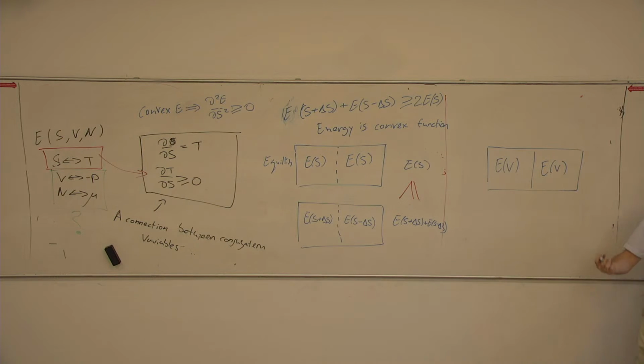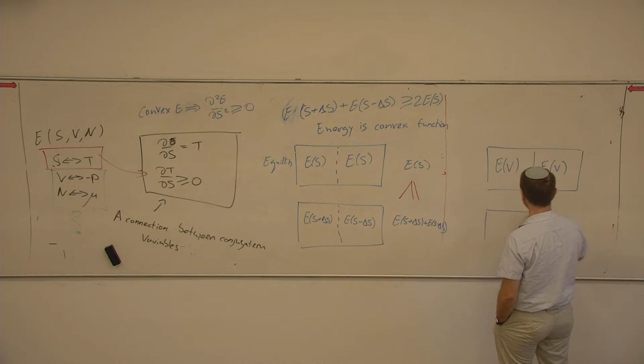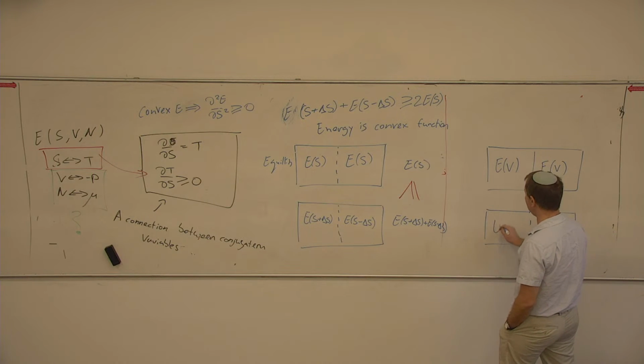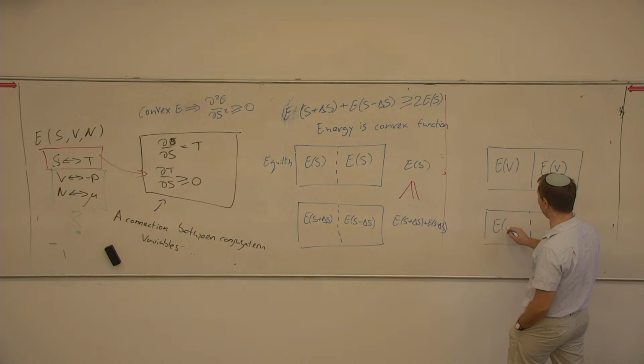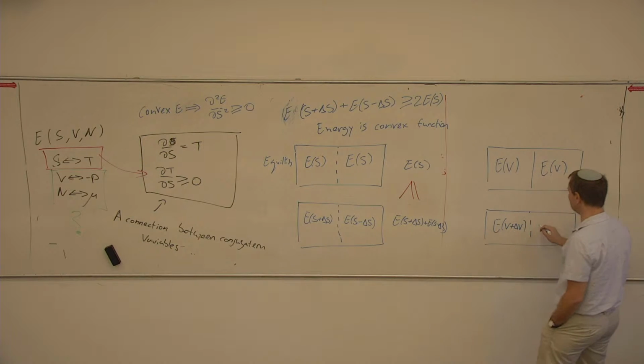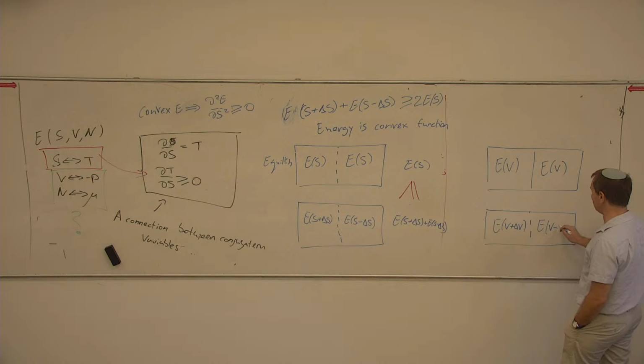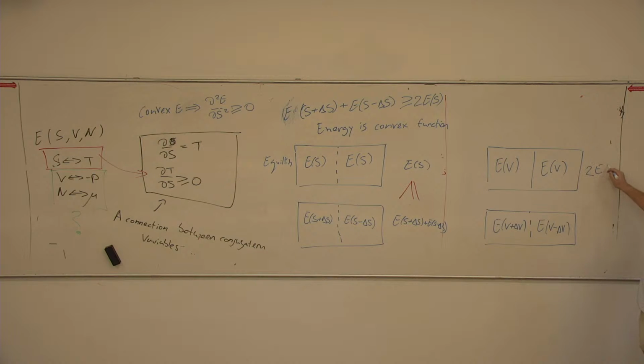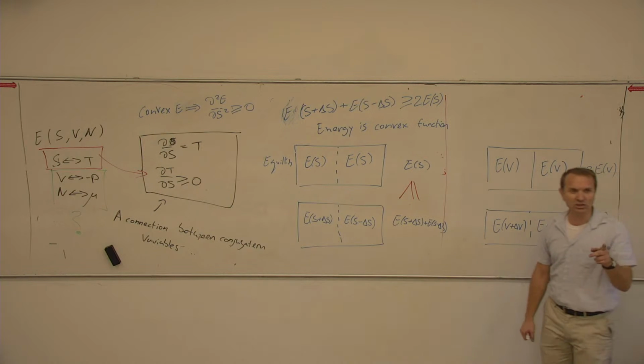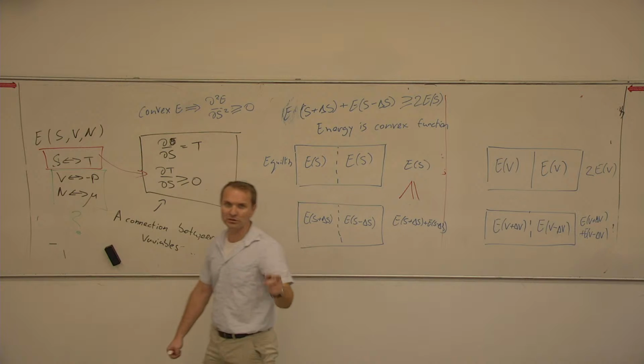We modify the system a little bit such that I have a little bit less or a little bit more volume on the left-hand side and a little bit less volume on the right-hand side. I know that the total energy here is 2E(V). And I know that the total energy over here is E(V+ΔV) plus E(V−ΔV). Now, if you remember, at the first lecture I told you that energy is extensive, and it's very important that it's extensive.